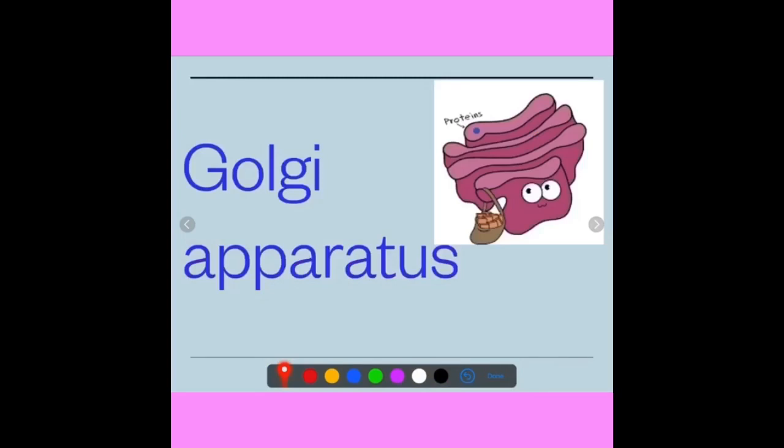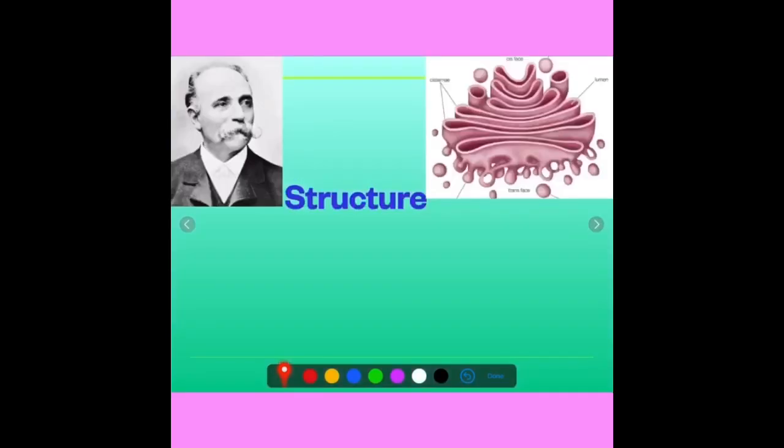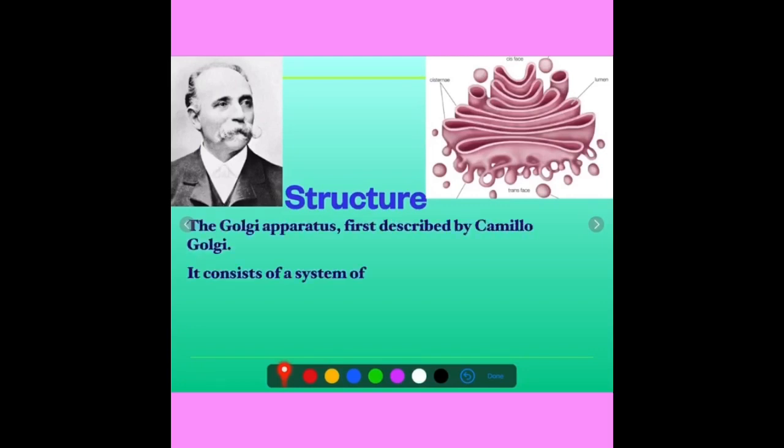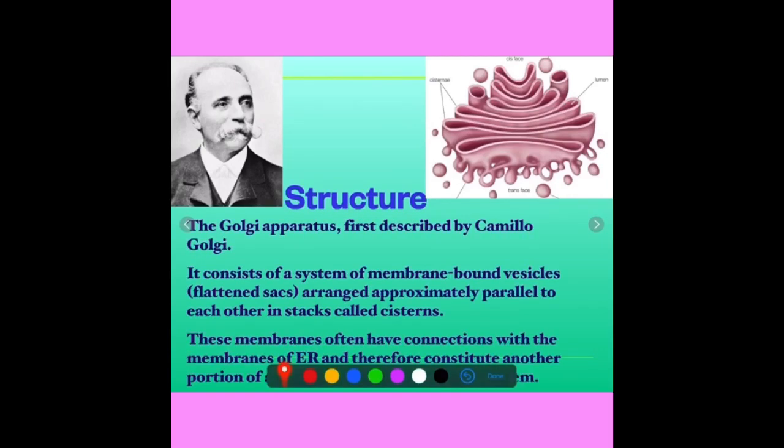The next cell organelle is the Golgi apparatus. This is a peculiar name. Okay, can you tell me why it is called Golgi apparatus? It was named after a doctor, Camillo Golgi. He was an Italian doctor who studied in Pavia, and he was studying the neuron cells.